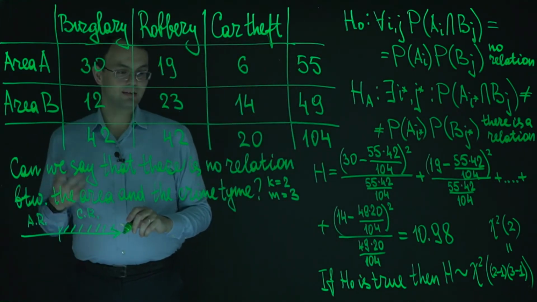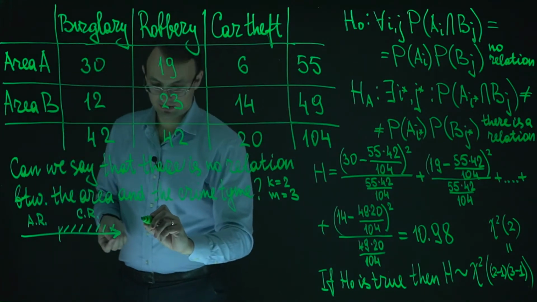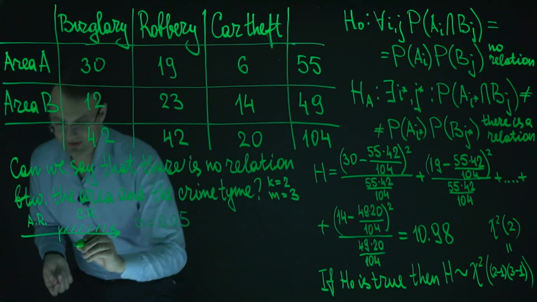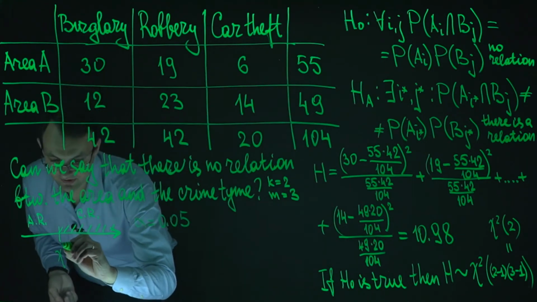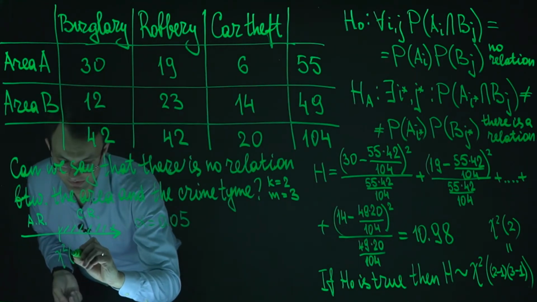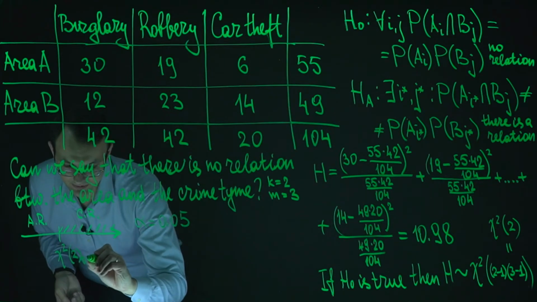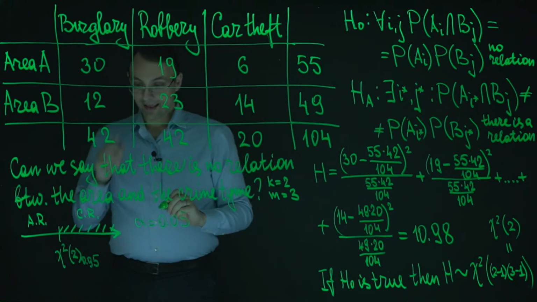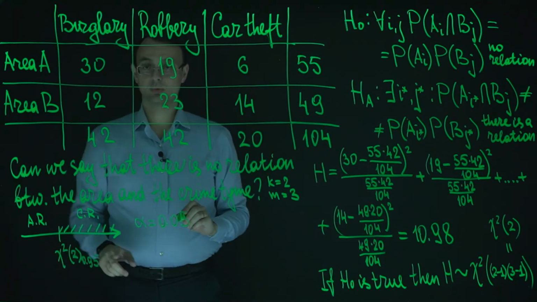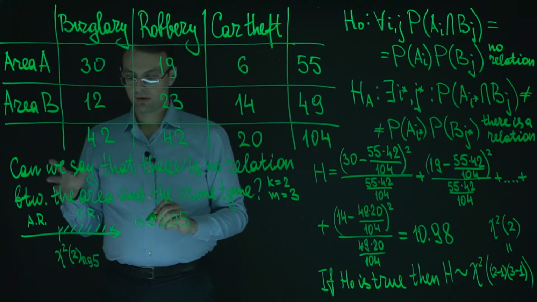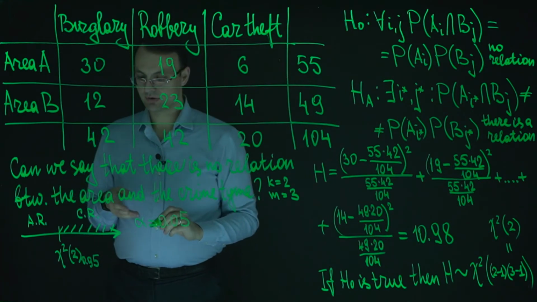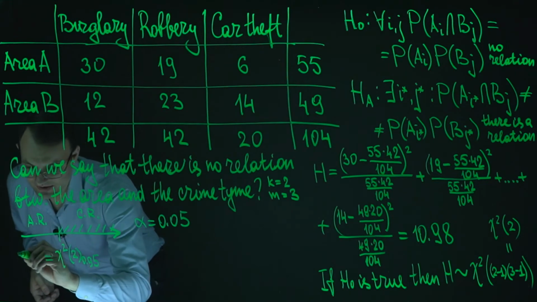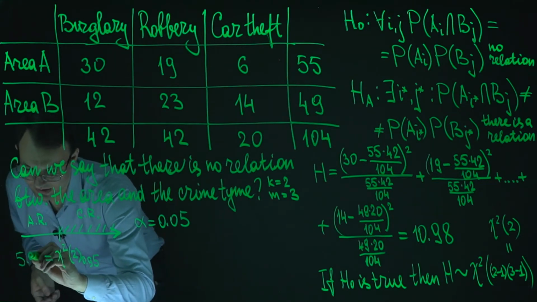Let us assume the standard alpha, 0.05. In this case we have the chi-squared quantile with 2 degrees of freedom of the level 1 minus alpha, that is 0.95. We can find this quantile using the table of chi-squared quantiles. If we open the table, we will see that this is equal to 5.99.